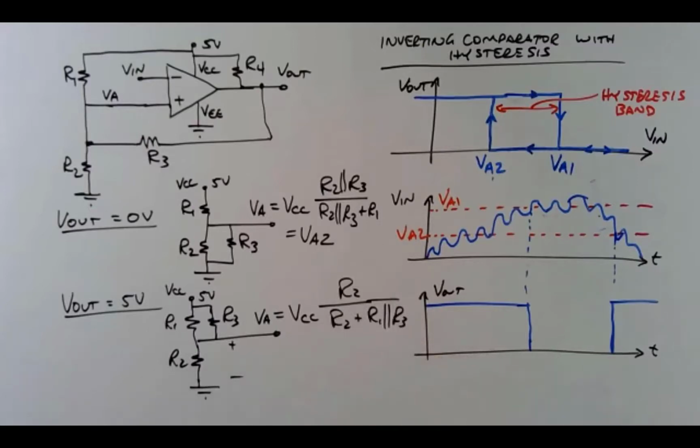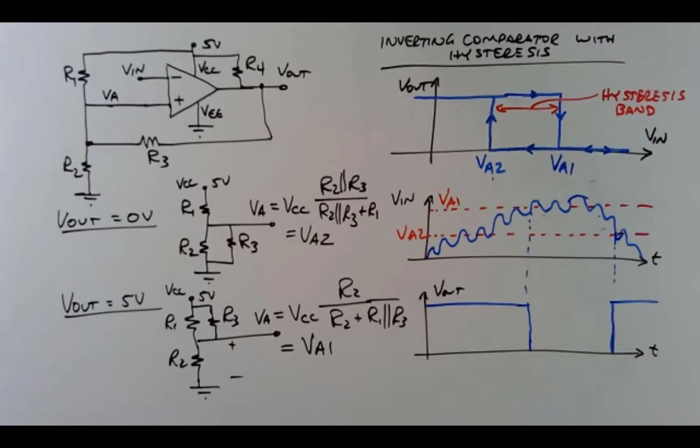Okay, and if you have R3 in parallel with R1, compared to just having R1 alone without R3, you've made this equivalent resistance up top smaller. And in voltage division, that tends to pull the voltage VA up higher than it would be if you left R1 alone without parallel R3. So that means that this is actually a higher voltage than VA2. This is actually VA1. Okay.